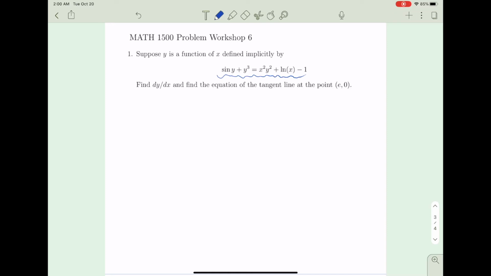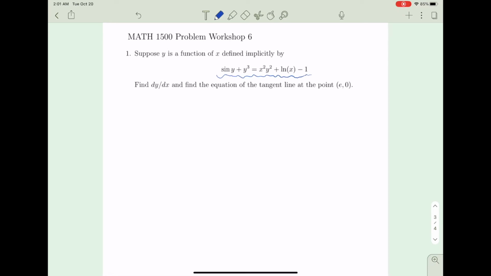We don't know that. But you were asked to find the derivative without actually knowing what this function is. So that's called implicit differentiation. We basically make use of the chain rule to find this. So if you're still having trouble with the chain rule, make sure to review it before doing this. And now let's get started to see how this works out.